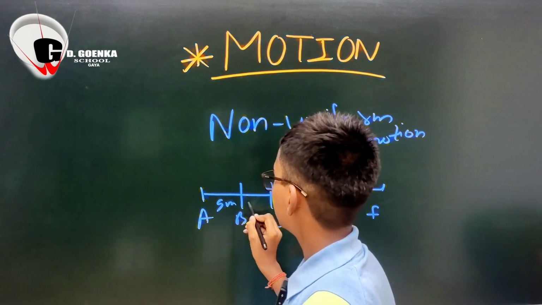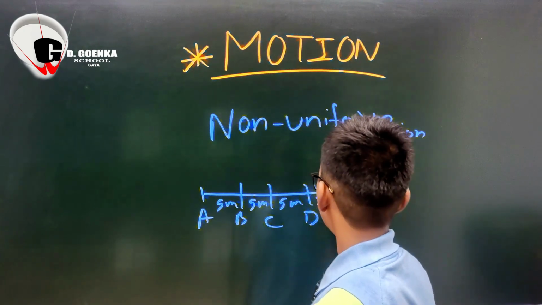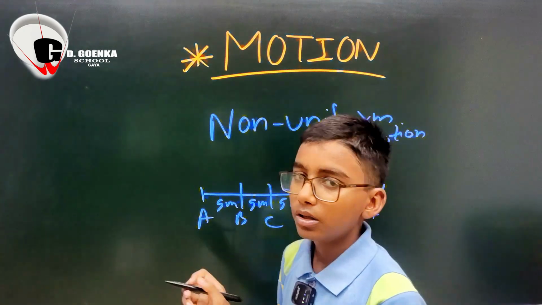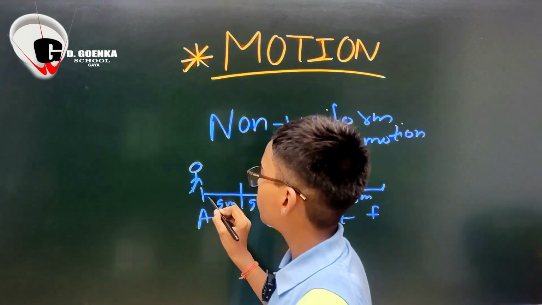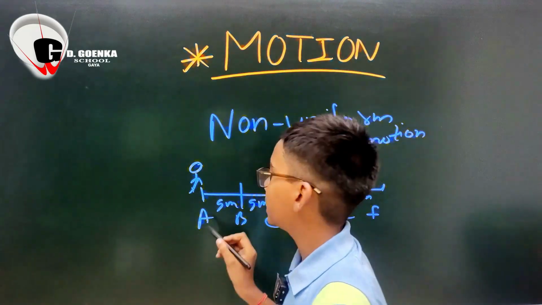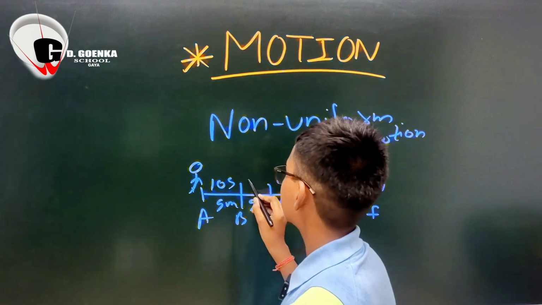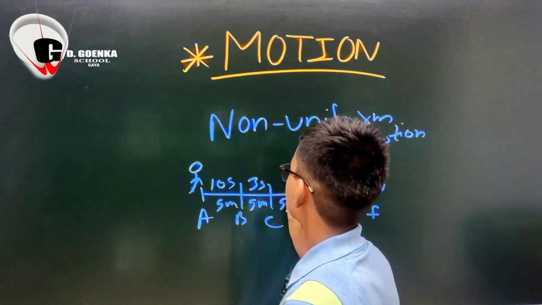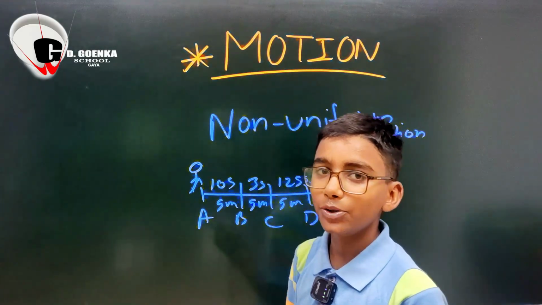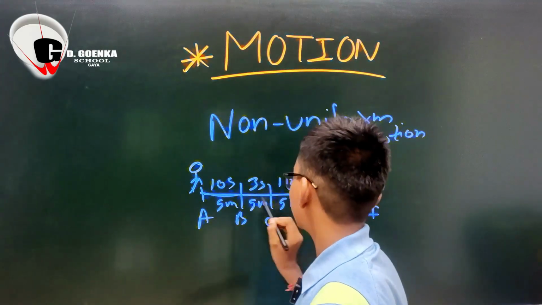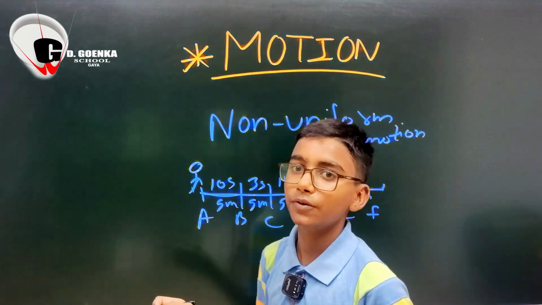Suppose a person is over here. To move from point A to point B, it takes 10 seconds. From point B to point C, it takes 3 seconds. Next, 12 seconds and so on. As you can see, the distance is the same everywhere, but the time is not the same. So it is known as non-uniform motion.